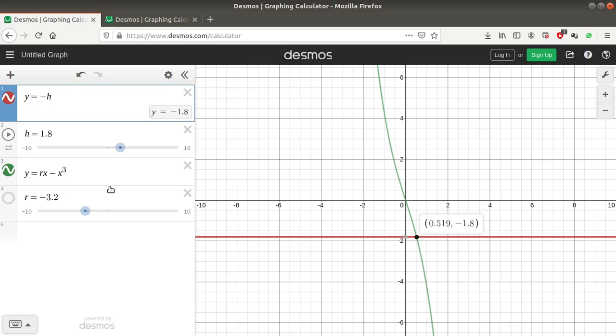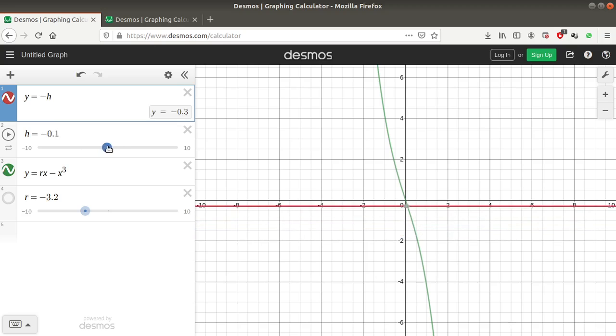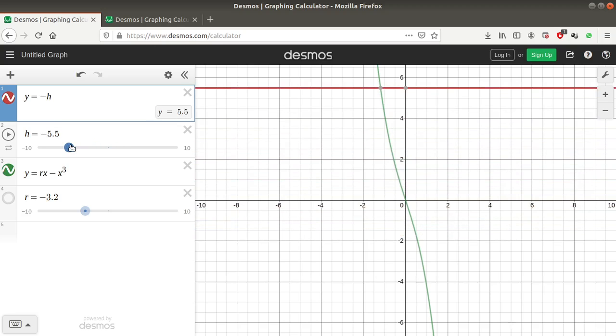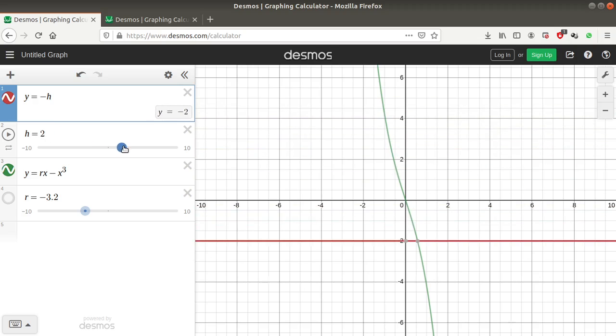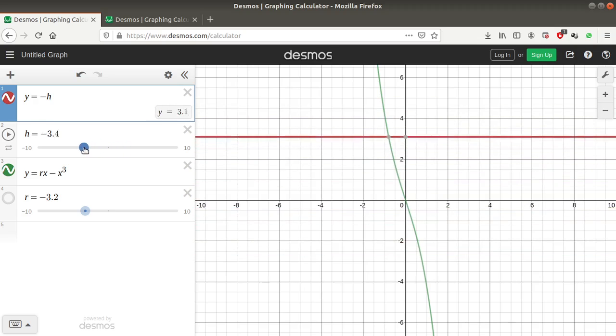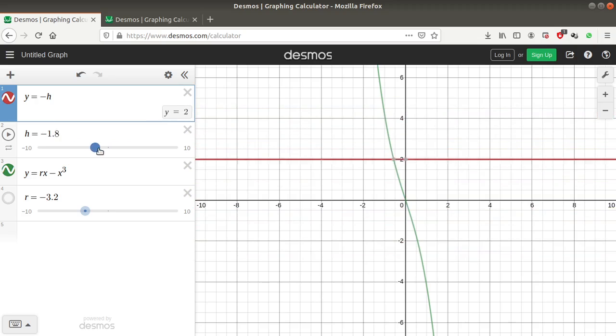Let's say for some fixed r value, let me change this h value and see whether any surprising behavior happens. If I change it, there is no change in the number of fixed points; there is still just 1.